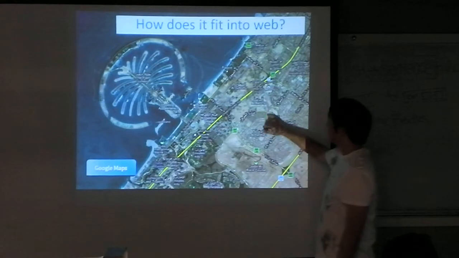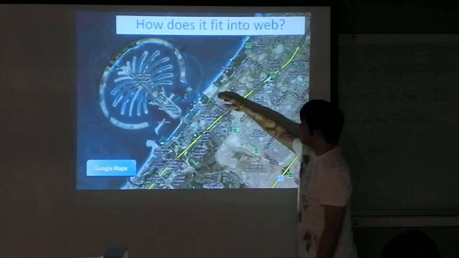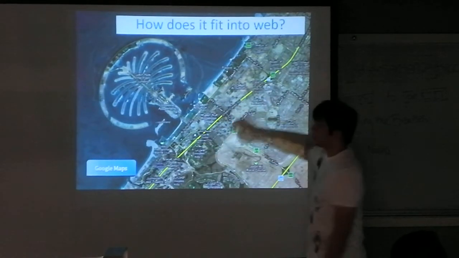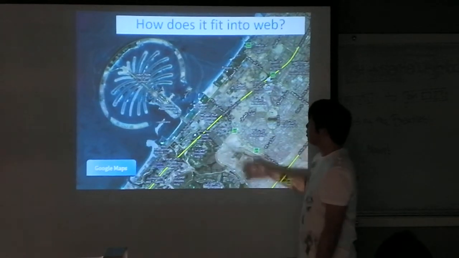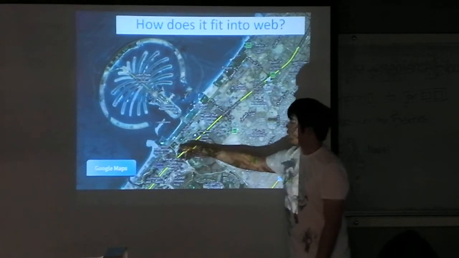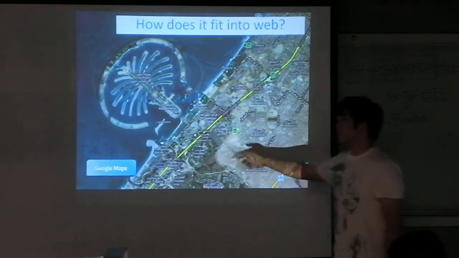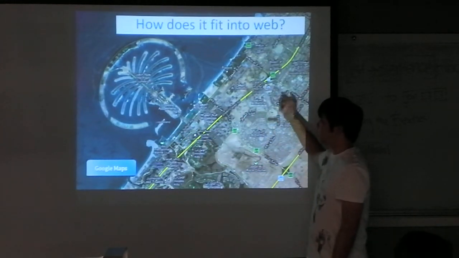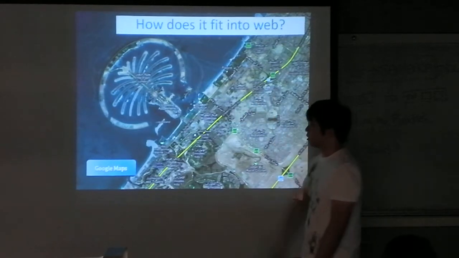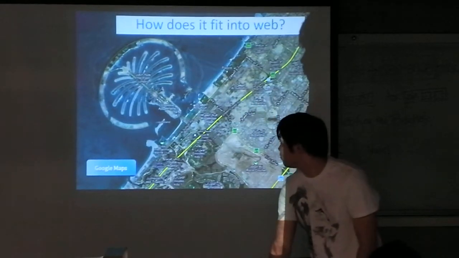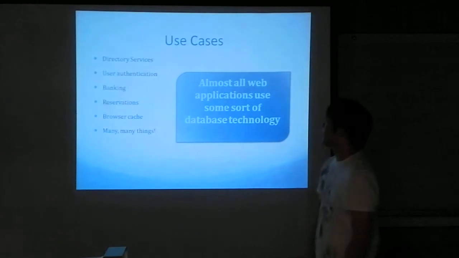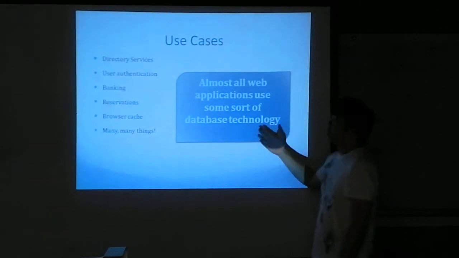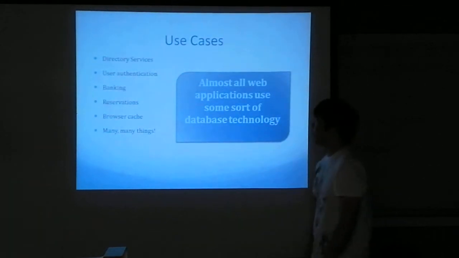Google decides to store this extra information in a database. They would store stuff like stores at some GPS coordinate location, and these things would all be mapped with longitude and latitude coordinates in a database. So other use cases for databases is banking.